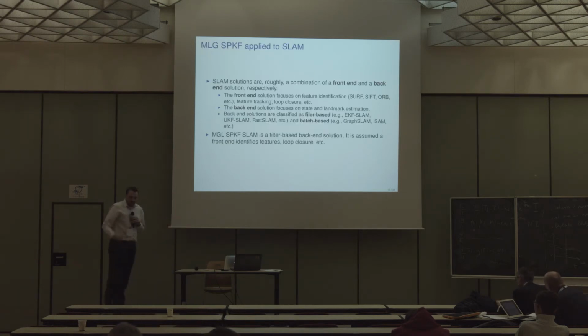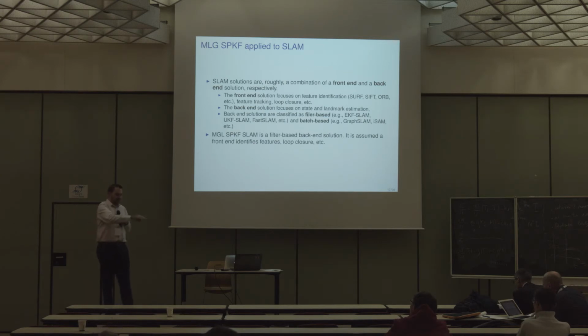Okay, so now I want to apply what we've talked about here to what's called the SLAM problem. SLAM is an acronym for simultaneous localization and mapping. So what we want to do is figure out where a vehicle is in a room or a forest or somewhere on Mars.